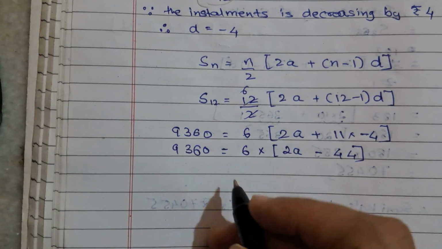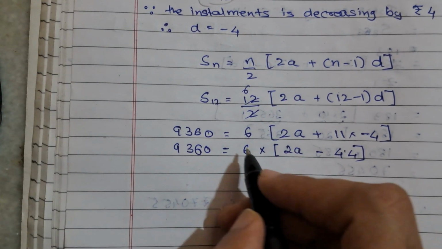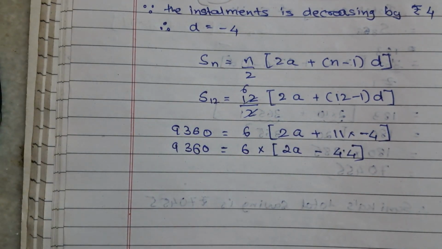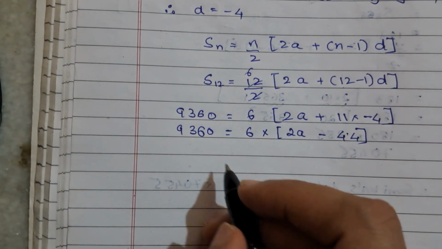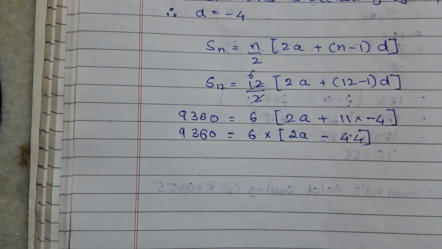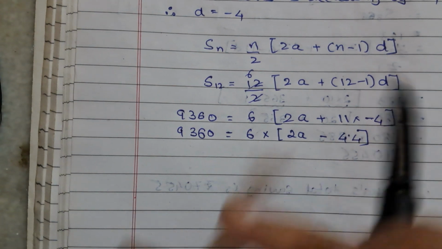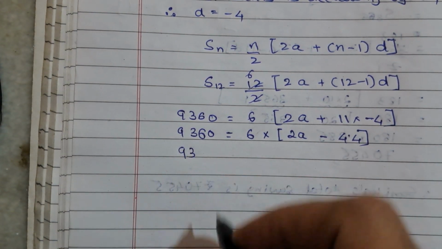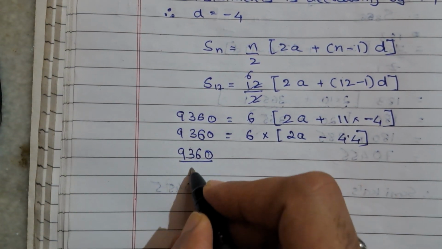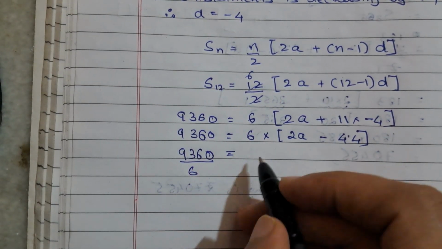Let's proceed to the next step now. What's next? We can send this 6 inside to both the numbers, or else we can bring this 6 down over here. Any which way you can proceed. For simplicity, instead of sending this inside and multiplying it 2 times, it's better to send this down and do a cancellation. Let's try doing that. 9360 upon 6. This was multiplied by 6, I just brought it over here to divide by 6.